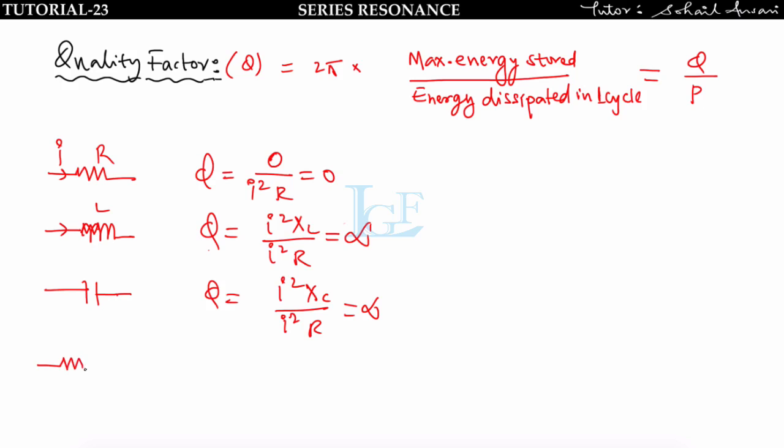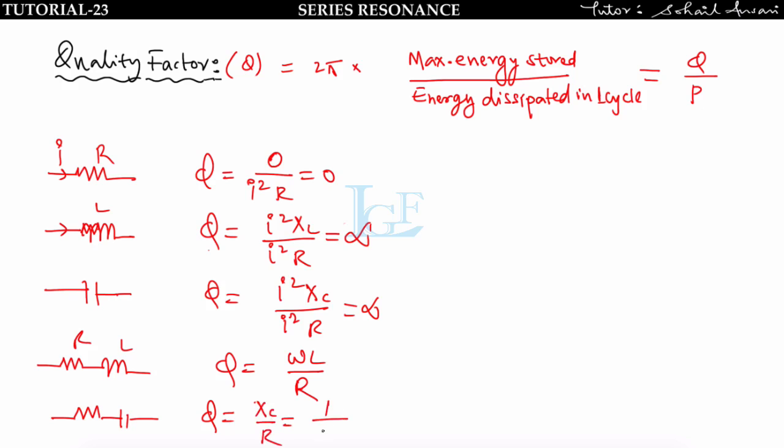For the RL series circuit, the quality factor is omega L upon R. For the RC circuit, the quality factor is I RMS square XC upon I RMS square R, which is XC upon R, equal to 1 upon omega CR.